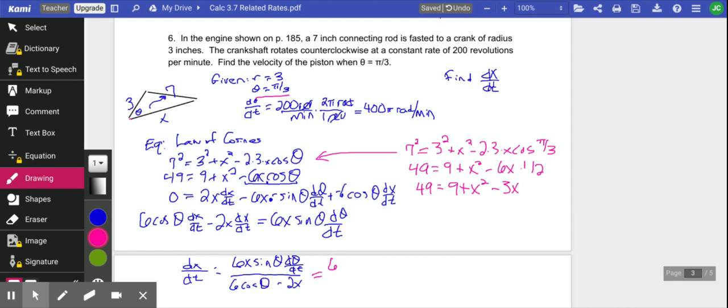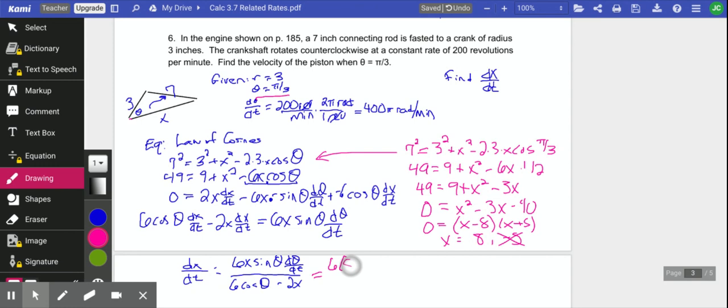This is a quadratic. We'll just pull everything over to the right side. So we get x squared minus 3x minus 40. So factor that quick. So we get x equals 8 or negative 5. Clearly that's not going to be a negative, so x is 8.